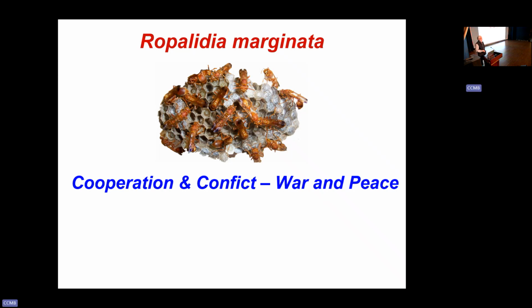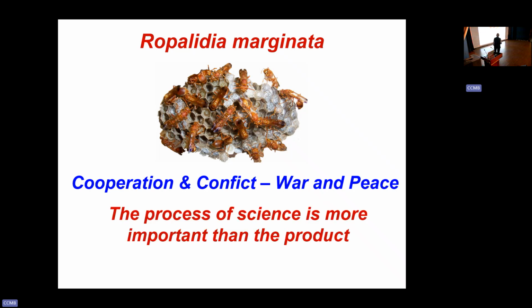But before I get into the details, I want to digress for a moment and tell you some of my pet ideas. I find that the problem with scientists, especially when they communicate, is they do not talk about the process. I believe that the process of science is more important than the product.